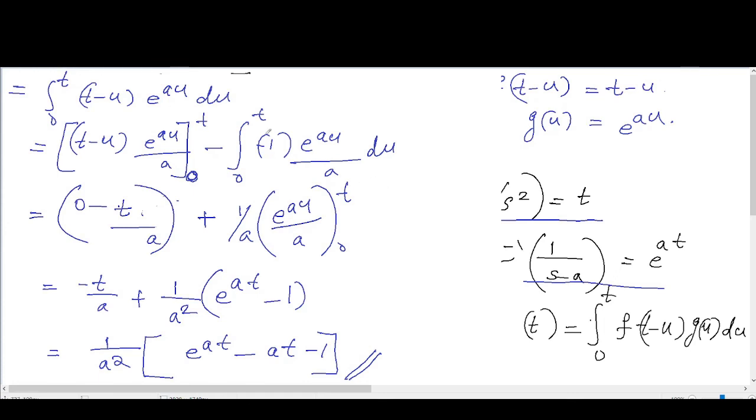Now we can move to another problem. Third question, find L inverse of 1 by s square plus a square the whole square.